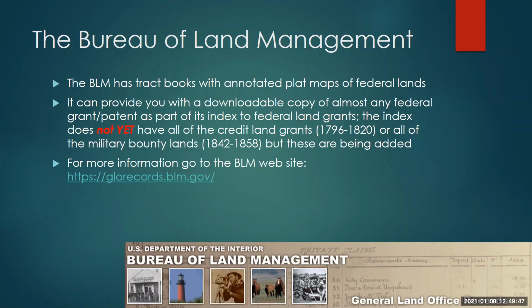You just simply type in the name, and you would need to put in Wisconsin. You press enter, and then it all comes up on the screen for you. And if your ancestor actually got a land grant in Wisconsin, you can push a button and you can actually get an exact copy of it signed by the President of the United States at that time. Now, none of this will help you if they bought the land from somebody else, like from the railroads or from the University of Wisconsin or something.